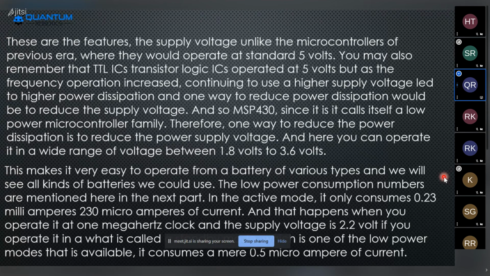And so the MSP430, since it calls itself a low power microcontroller family, reduces power dissipation by reducing the power supply voltage. Here you can operate it in a wide voltage range between 1.8 volt and 3.6 volt. This is a specification that only 1.8 to 3.6 volt has to be used with this device.